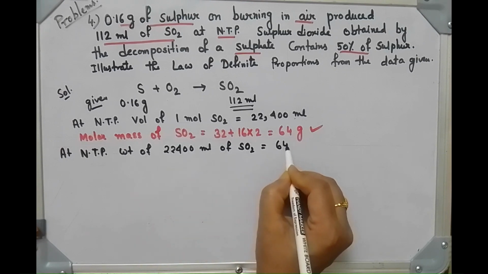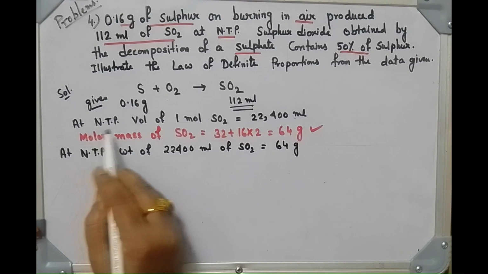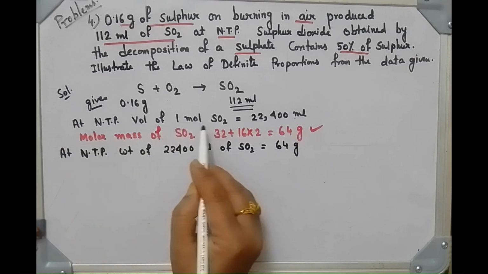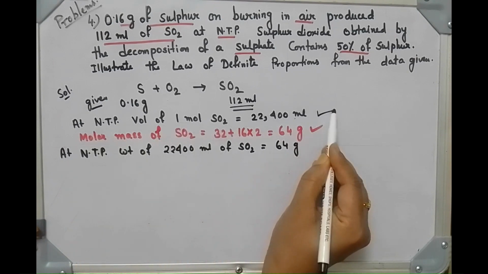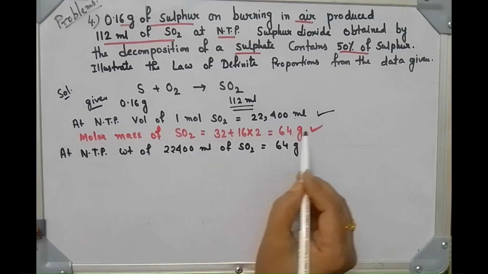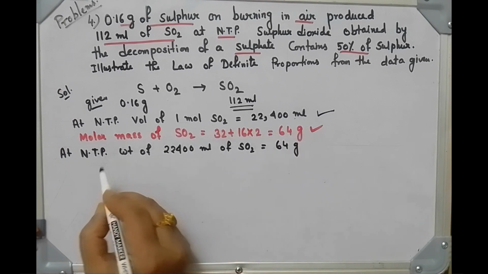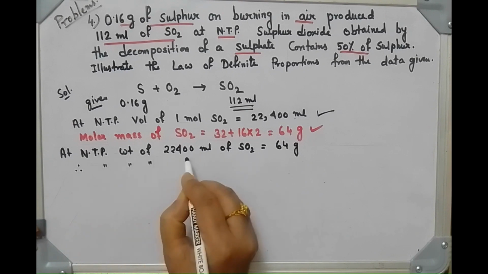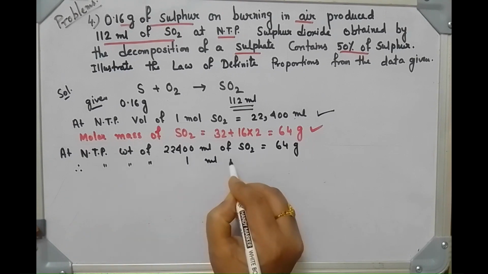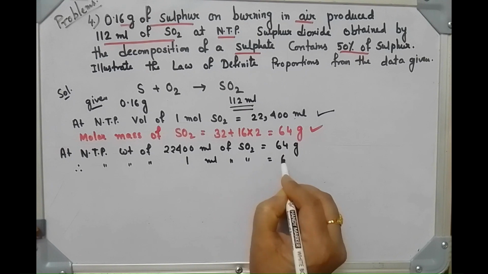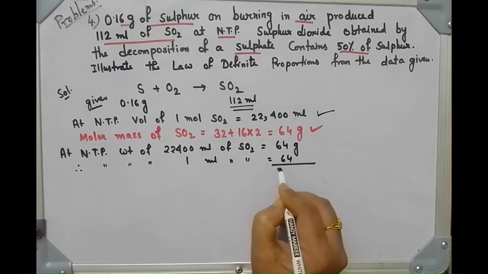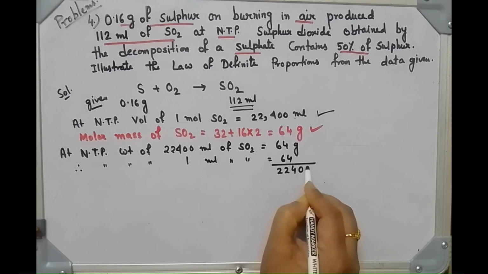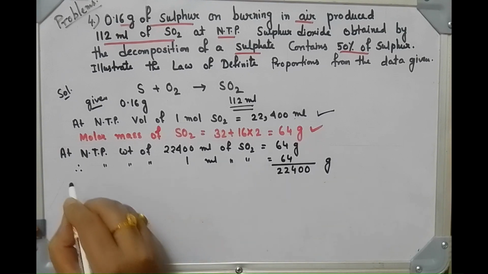64 grams, because I told you already at NTP the volume of 1 mole of sulfur dioxide is this. So 1 mole means its weight is 64 grams. Therefore at NTP the weight of 1 ml of sulfur dioxide is 64 divided by this, this much grams.